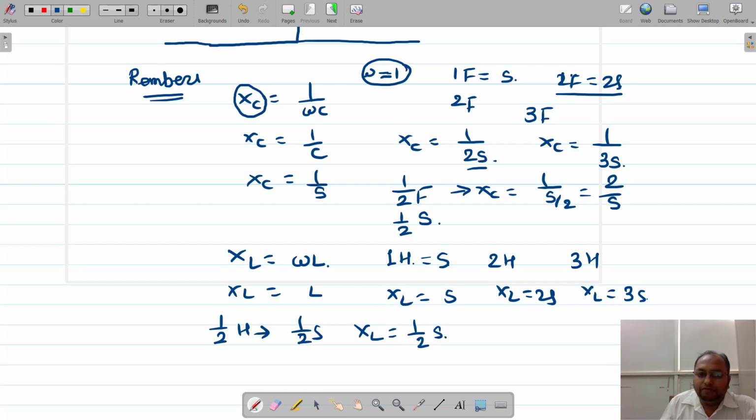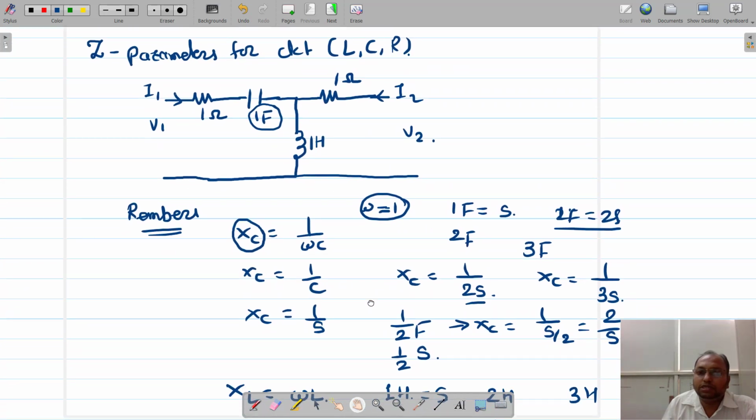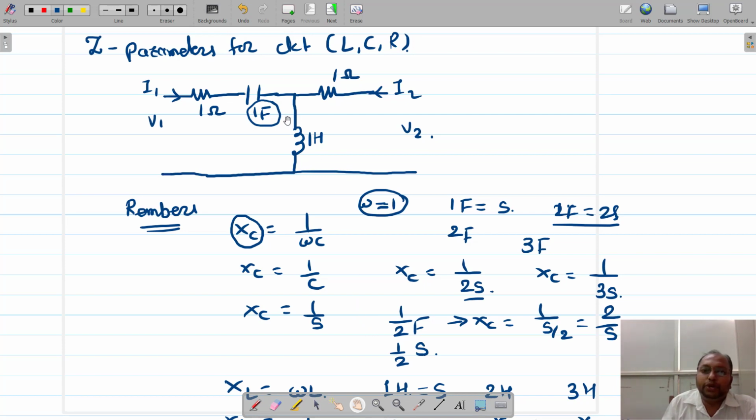Okay, is that fine? Now why have we seen this? Because we are going to put it in the above circuit diagram. We are going to put all this information into the above circuit diagram, and then we are going to represent this as a collective resistance, that is nothing but impedance. Remember that impedance is a collective resistance offered by the different components, right? We have already seen that in case of Z parameters.